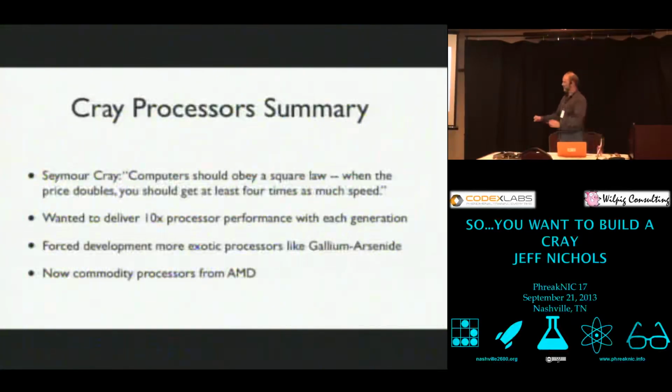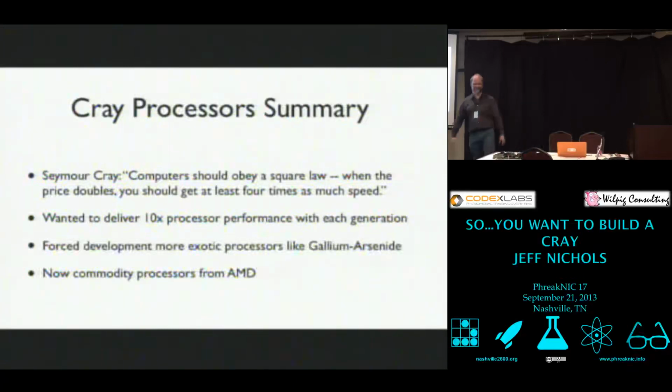Okay, so on processors, Seymour Cray held that computers should obey a square law. When the price doubles, you should get at least 4 times as much speed. He really had this bias. He wasn't done until he could deliver with each generation 10 times more processor performance. And that actually drove a lot of his companies and corporations into the ground.